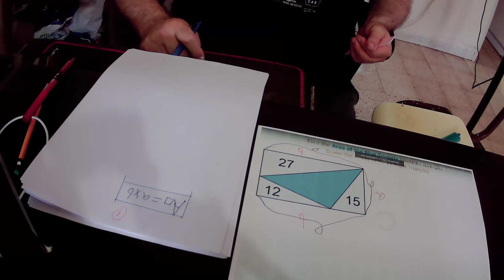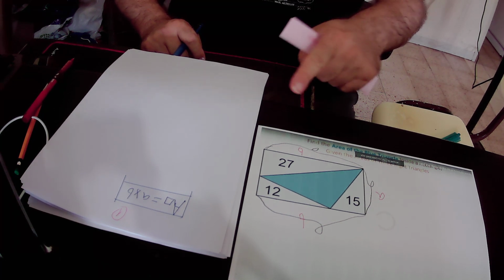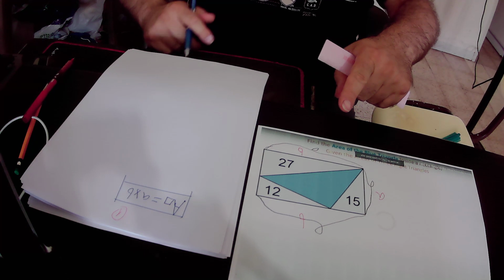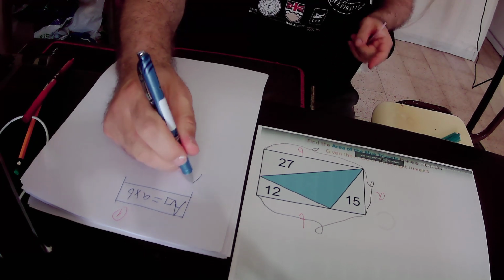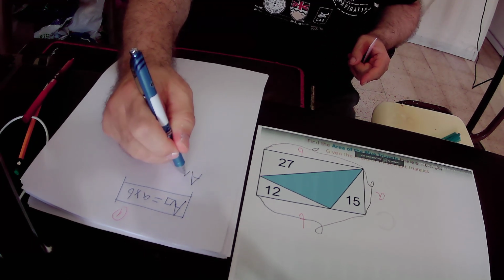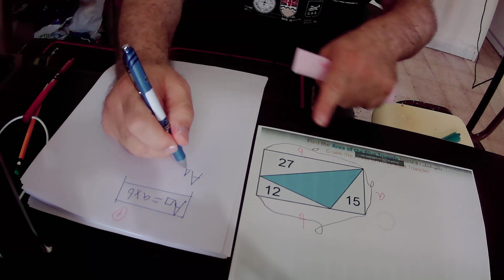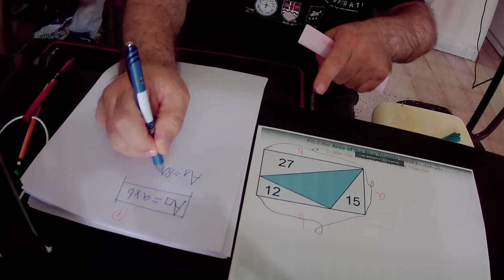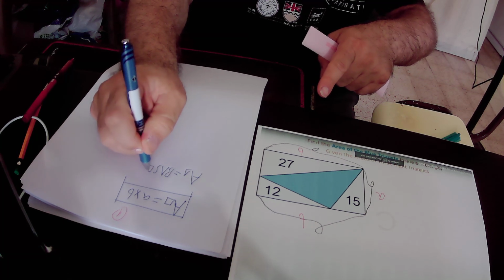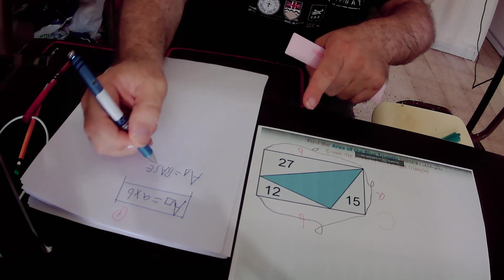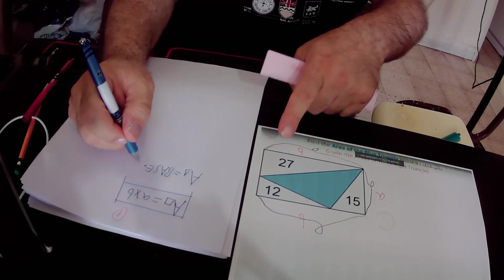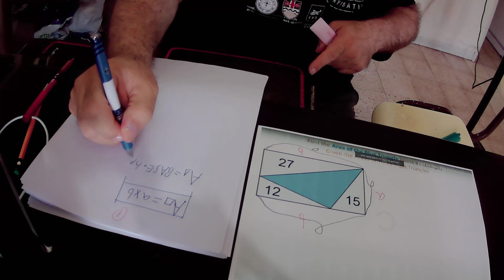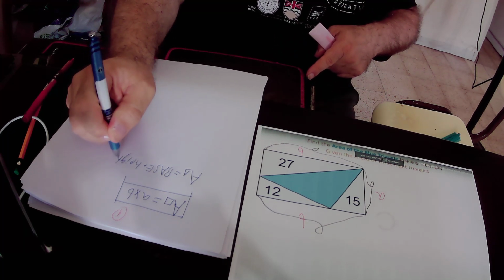As you already know, the area of a triangle equals the base of the triangle times the height of the triangle, all divided by 2.